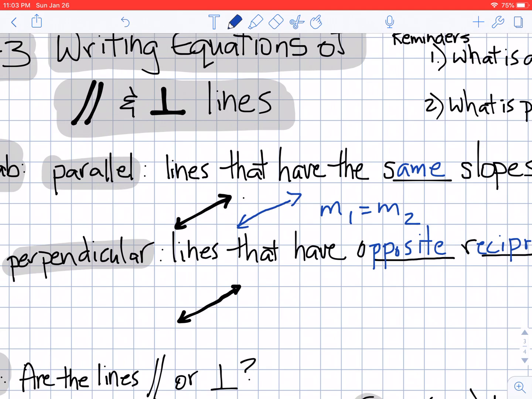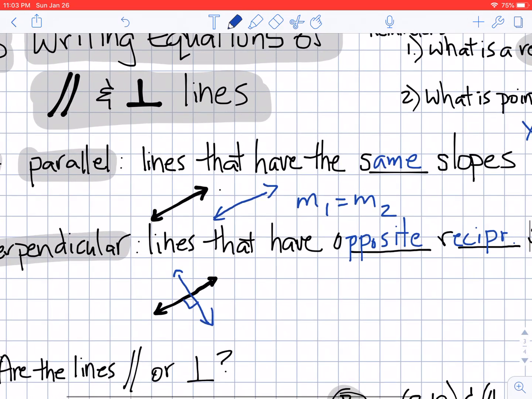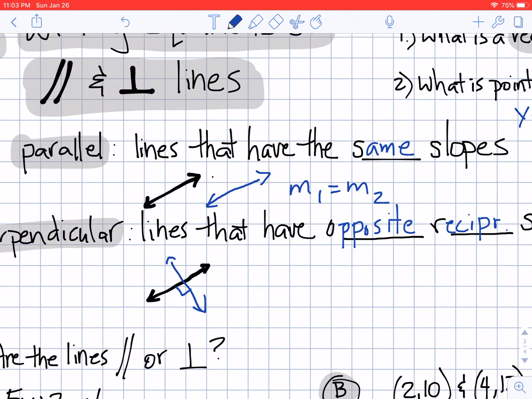If I want to draw a perpendicular line there, it's going to meet that line at 90 degrees and kind of run in the opposite direction. So don't forget, these will be opposite reciprocals. If one slope is, for example, 2/3, the other one will have a slope of -3/2. So again, one's positive, one's negative, and they will be reciprocals.